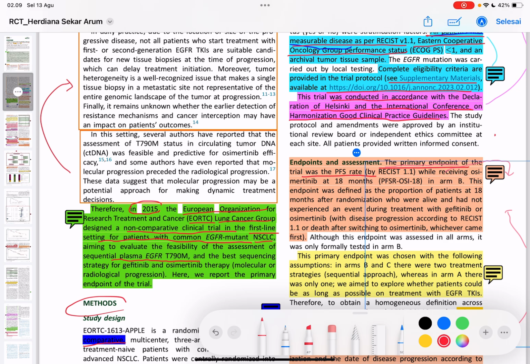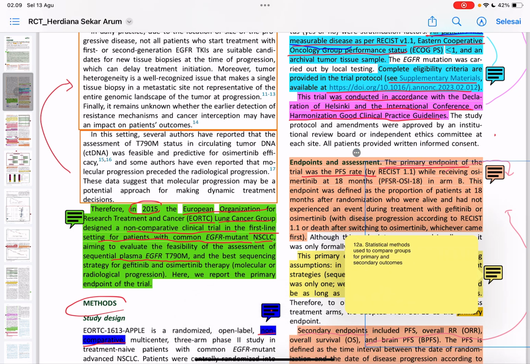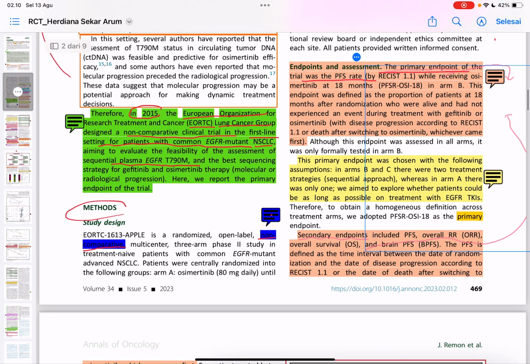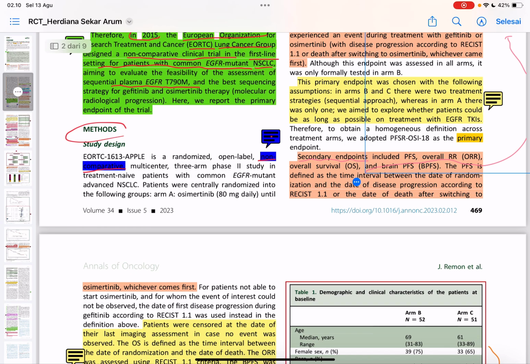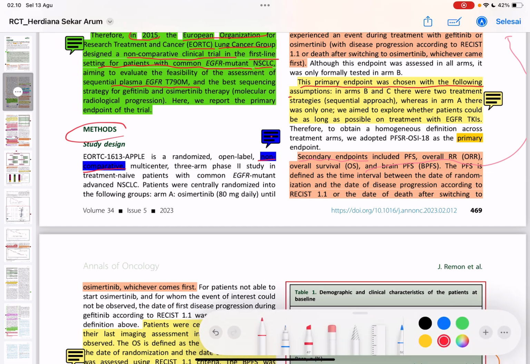Next, we have the statistical methods used to compare groups for primary and secondary outcomes. Here, it says the primary endpoint was chosen with the following assumption.